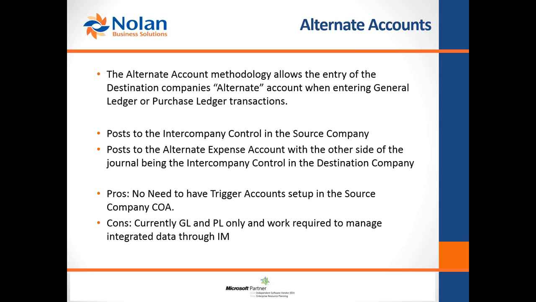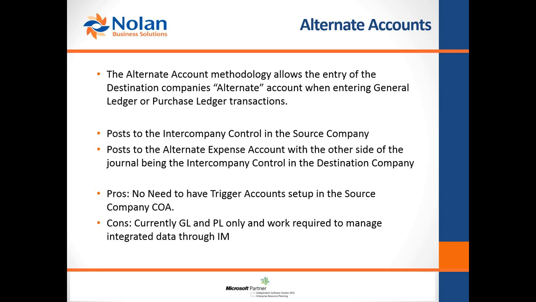The second type of InterCompany is what we call the alternate accounts method. So this is where we provide during entry an alternate account in the destination company. The alternate account methodology allows the entry of the destination company's alternate account when entering GL or purchase ledger transactions.